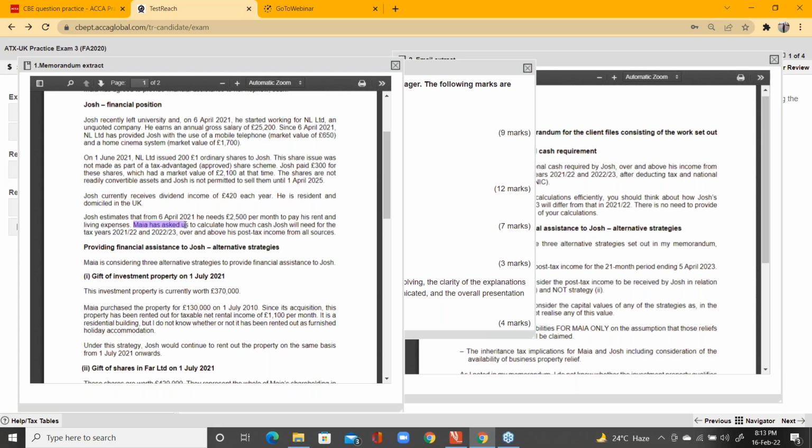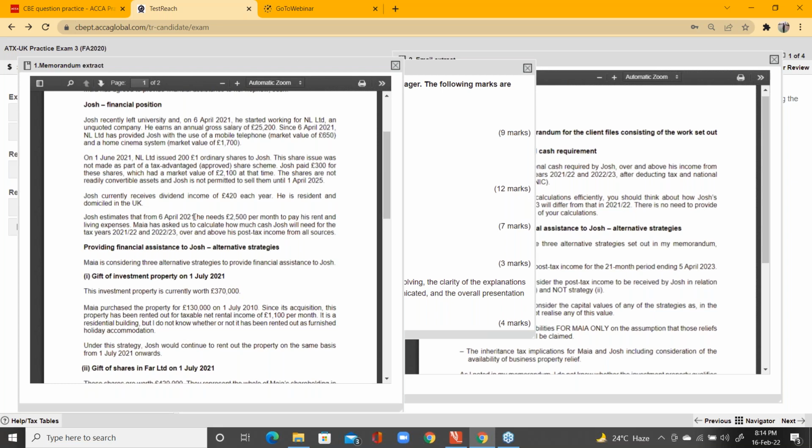Maya has asked us to calculate how much cash Josh will need for the tax years 21-22 and 22-23. It means for both of the fiscal years, first of all, we would be calculating the income tax liability, and obviously there would be NIC, which is payable by the employer on gross cash earnings, and the employee pays class 1 NIC on the gross cash earnings.